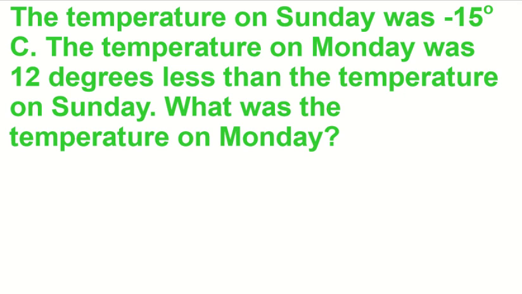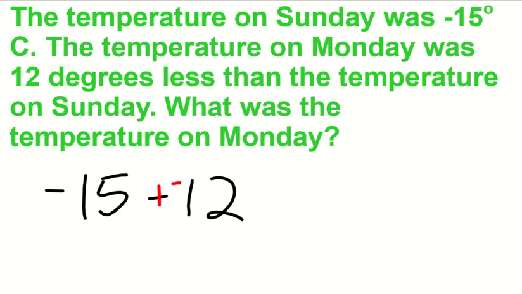Mason? Nope. Kyle? Negative 27. Less is what type of math? Subtraction. So if we've got negative 15 and it's going to be 12 degrees less, we're subtracting 12. If we do same change change, we keep the negative 15, change to addition, change the sign on the second number.